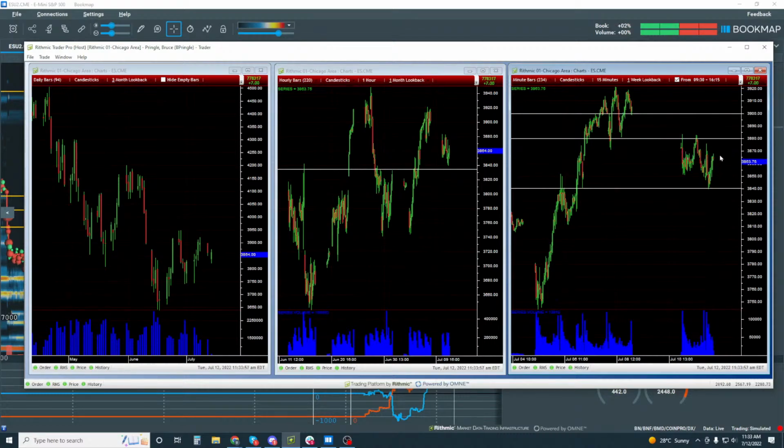Okay, so we're getting back up there again, and this is where we found sellers on that 15-minute in this little range here between 70 to 75. Okay, so I would assume there's still sellers up here.